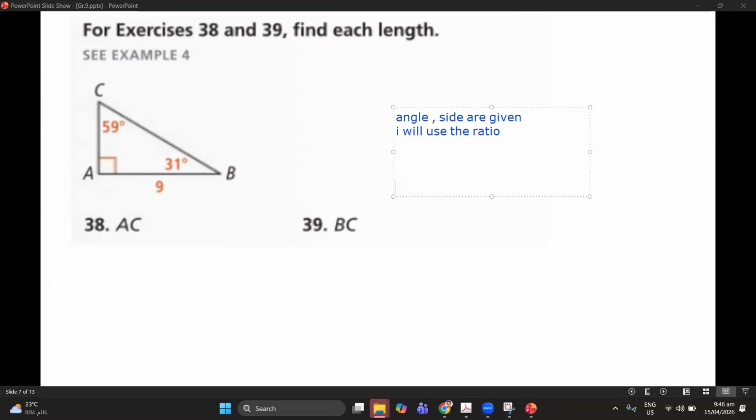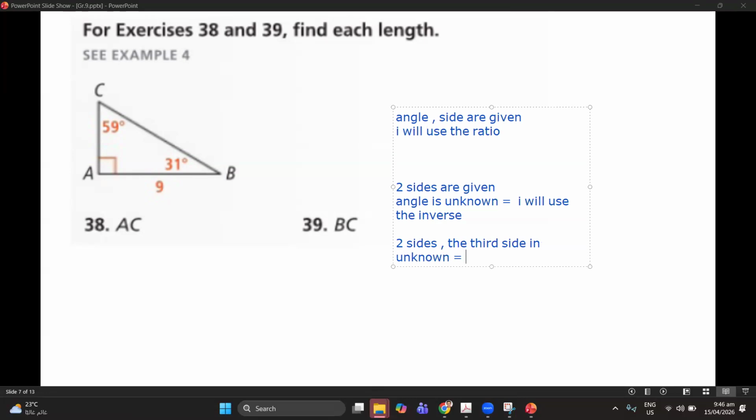But if two sides are given and the angle is unknown, I will use the inverse. If I give you two sides and I ask you to find the third side, which is unknown, I will use Pythagorean.